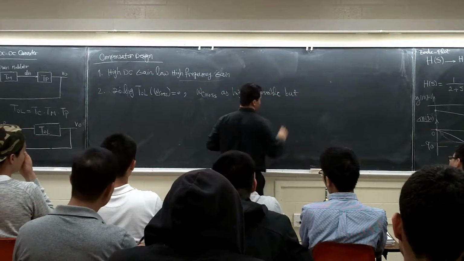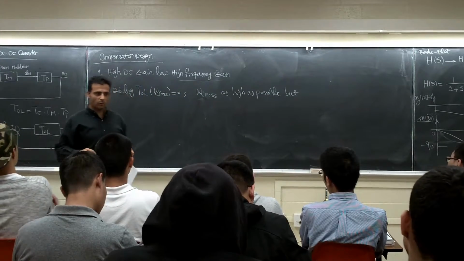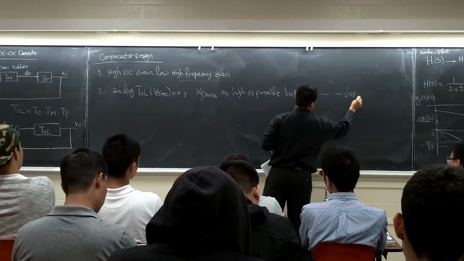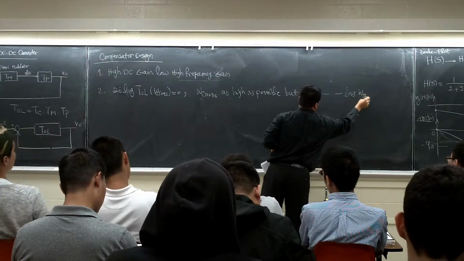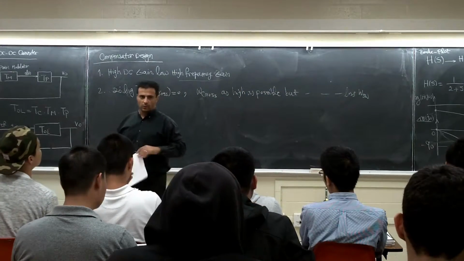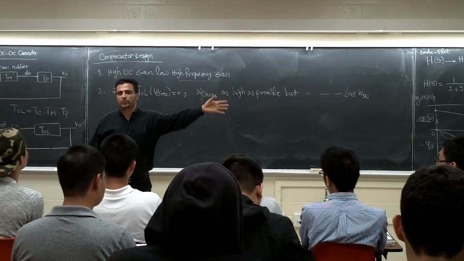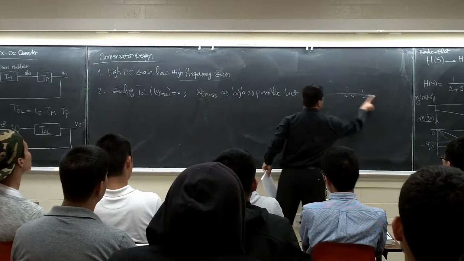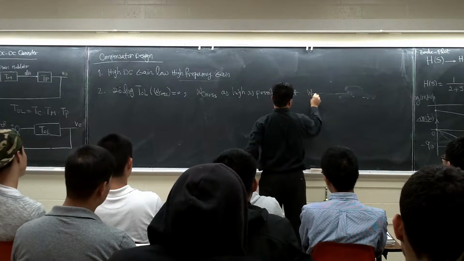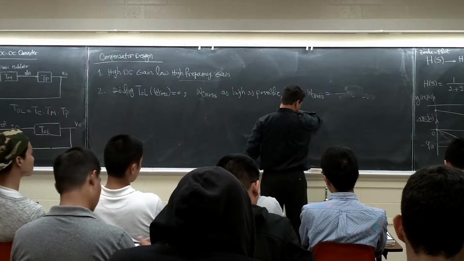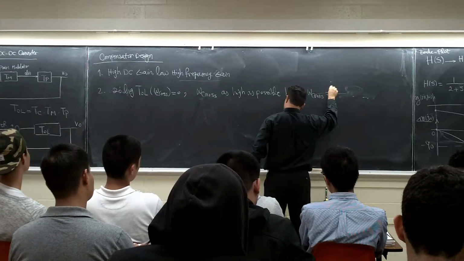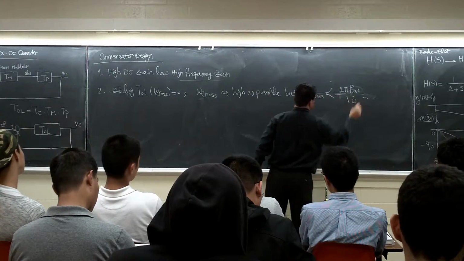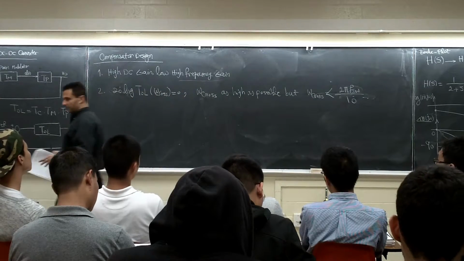But one order of magnitude less than omega s, let's say omega SW, the switching frequency. So you can put omega cross at omega switching over 10. FSW is the switching frequency.